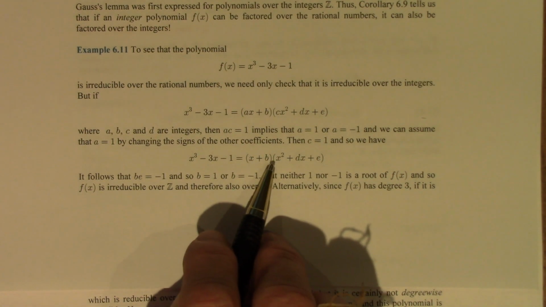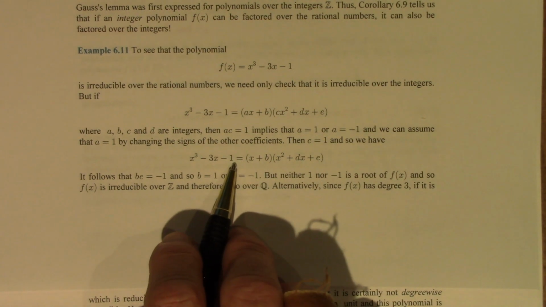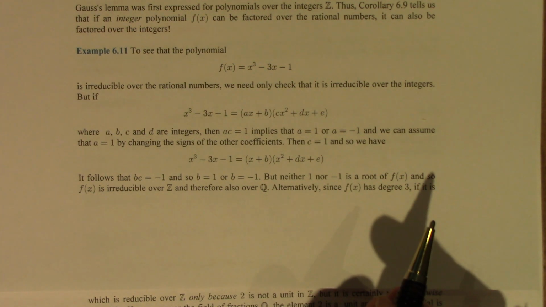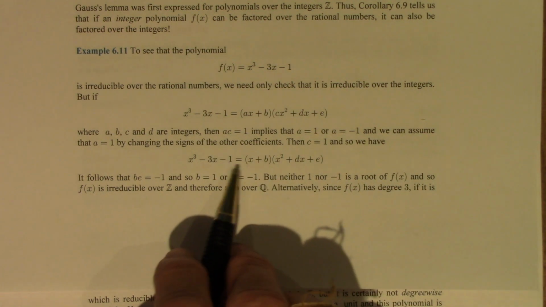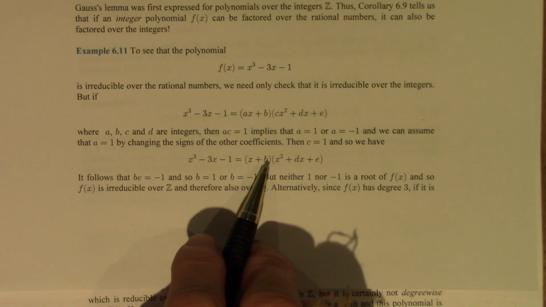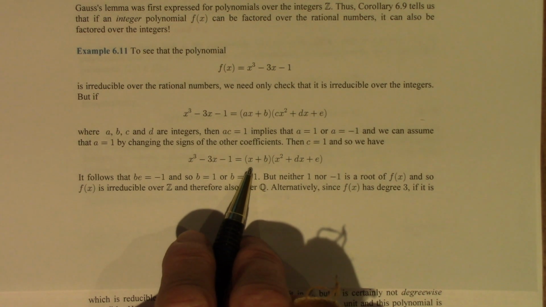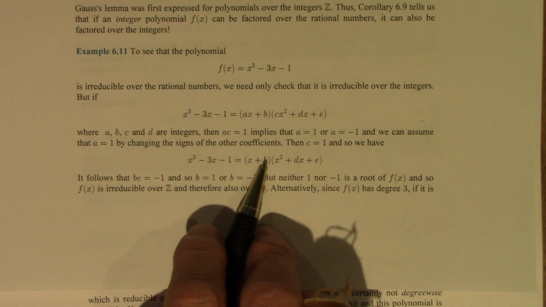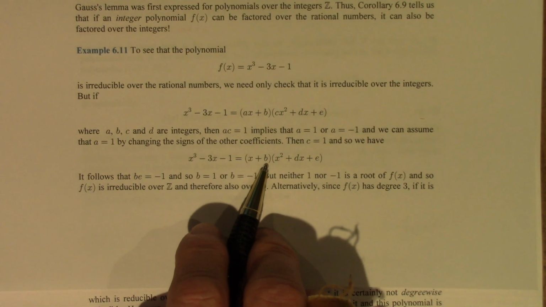It follows from this that b times e is negative 1, so b is 1 or b is negative 1. But 1 and negative 1, neither one is a root of this polynomial, so b cannot be either positive or negative 1.